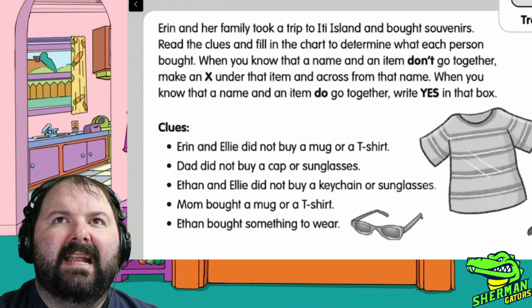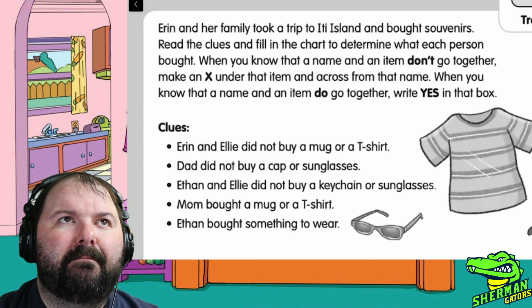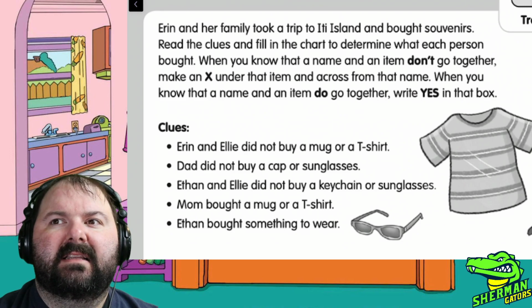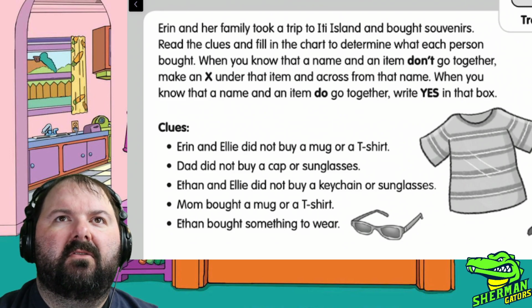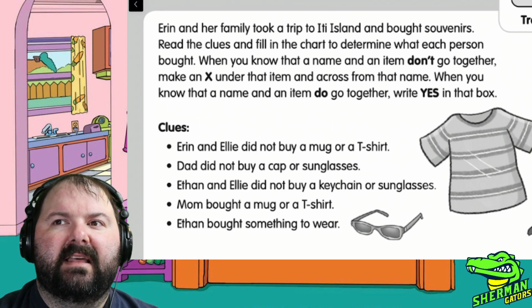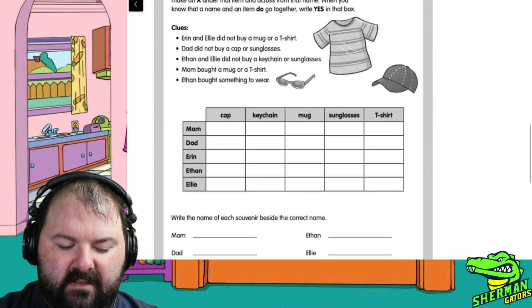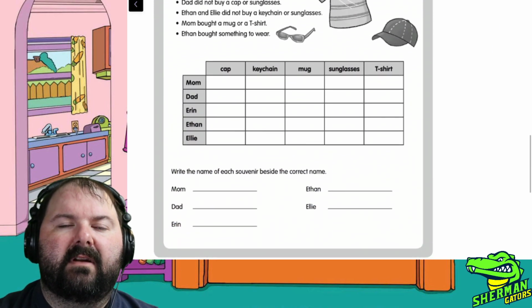When you know that a name and an item don't go together, make an X under that item and across from that name. When you know that a name and an item do go together, then write yes in that box. And then there are the clues.